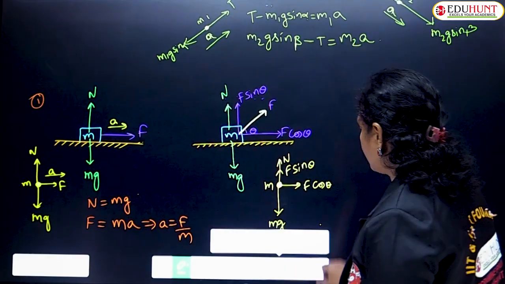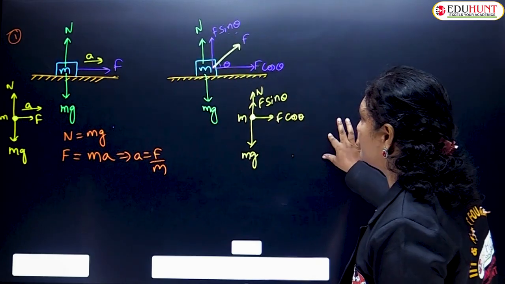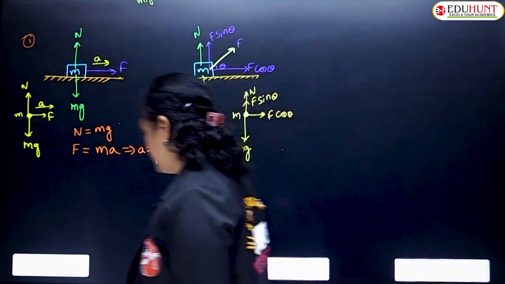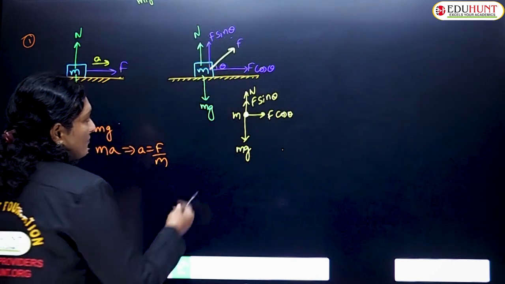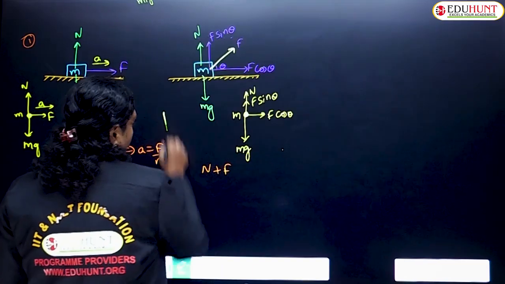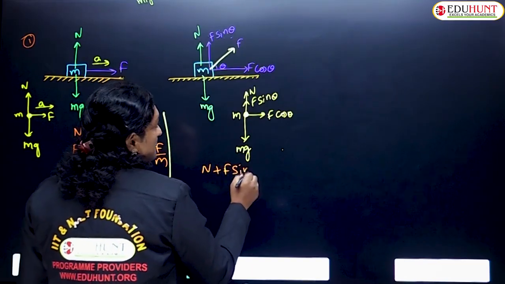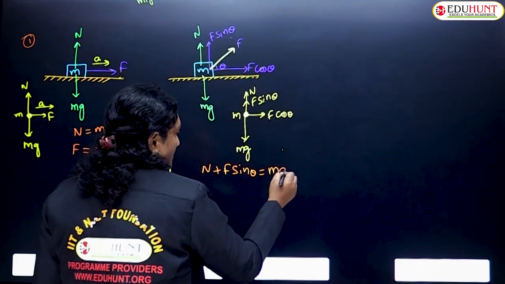If you would like to represent the equations for this free body diagram, it would be something like this. How is it written, children? The downward force is balanced by the upward force. That means the upward force, N plus F sin theta, must be equal to the downward force, mg.